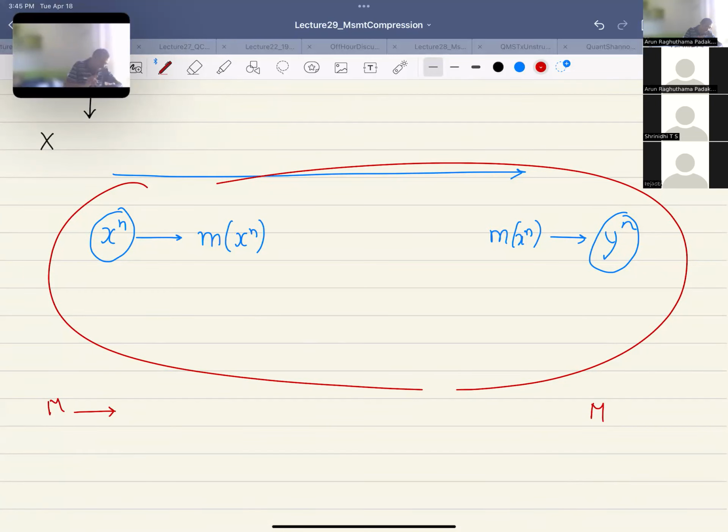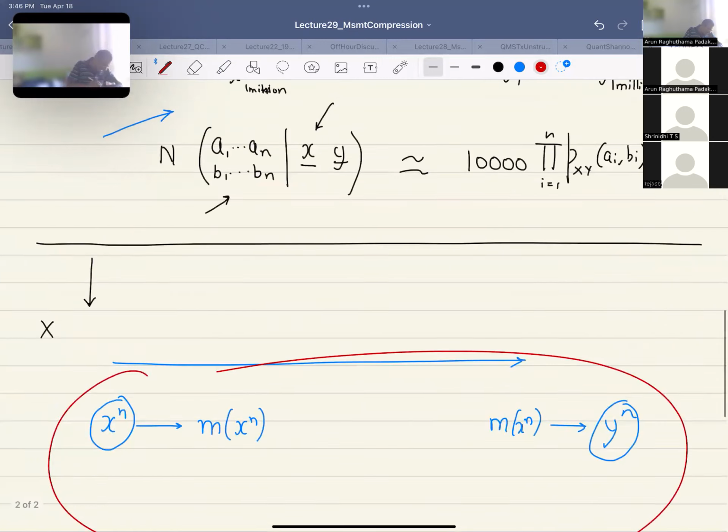Bob doesn't need to pull out a particular Yn. Bob only needs to pull out a Yn that there is a good chance nature would have pulled out. Okay. So the question is, how much message should Alice send to Bob, and what is the protocol? This is the question of interest.